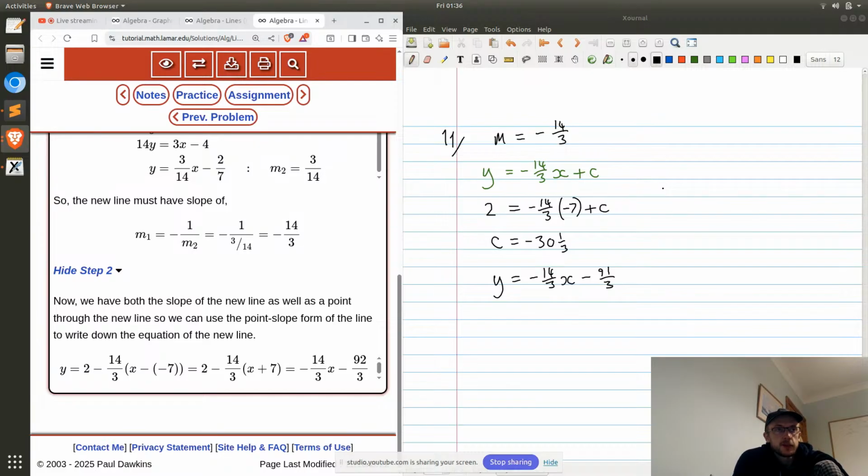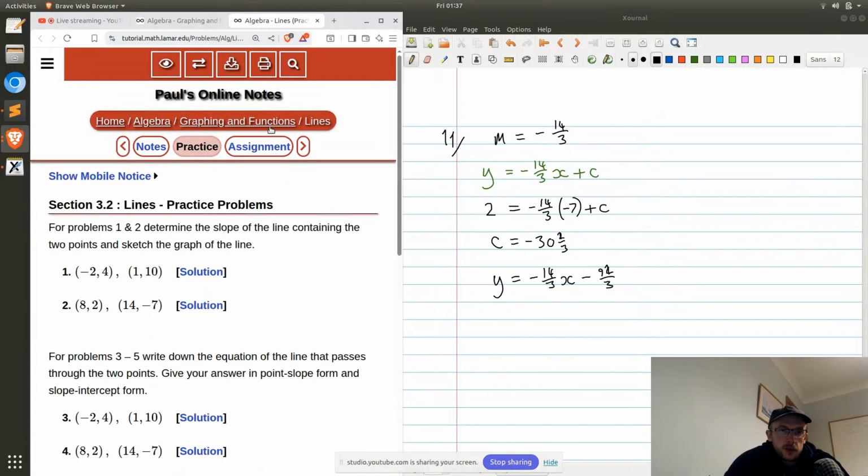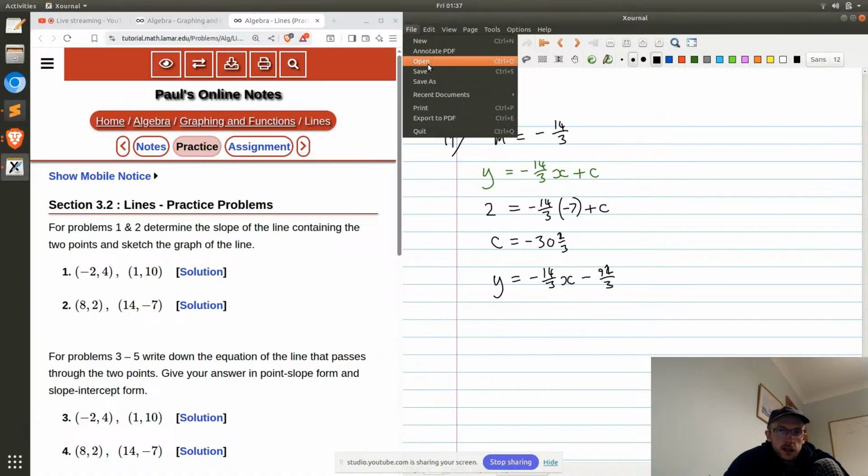And 98/3 is 32 2/3. Beg your pardon. So I must have dropped that third at some point. And there we go. Now it has been corrected. So it's all good.